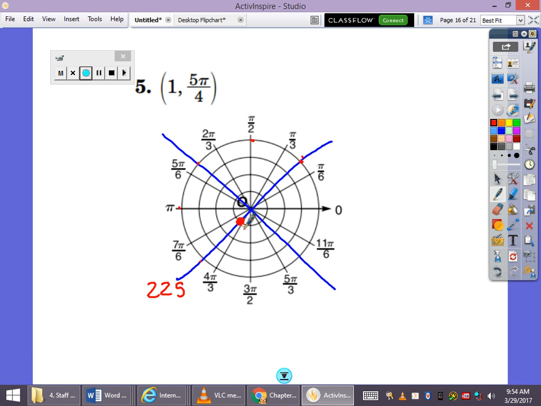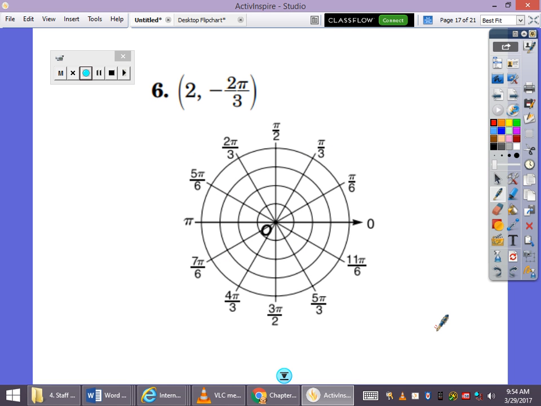Yes. Yep. All right, the next one. This is a negative. So this would be pi over 3, right? Because if I subtract 2/3 pi, that gives me pi over 3, yeah? No, folks. How many pi is a circle? 2 pi. So I need to do 2 pi minus 2 pi over 3.